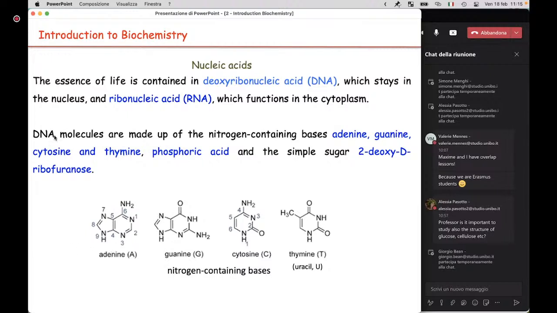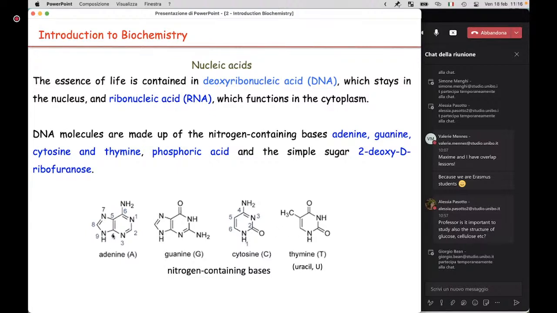DNA molecules are macromolecules, and they are polymers of monomers that are, let's say, quite complicated. The basic building block of DNA are nitrogen-containing bases. We have only four kinds of nitrogen-containing bases in the DNA, and four which are mostly the same in RNA.